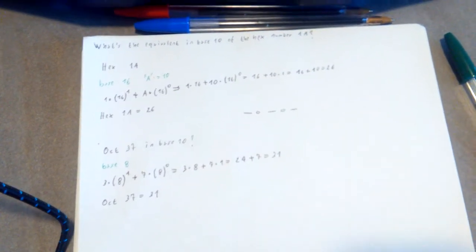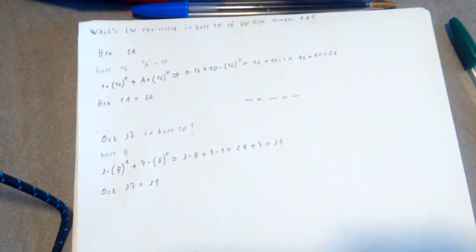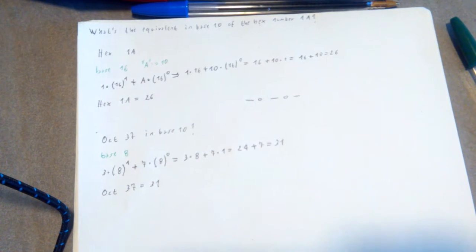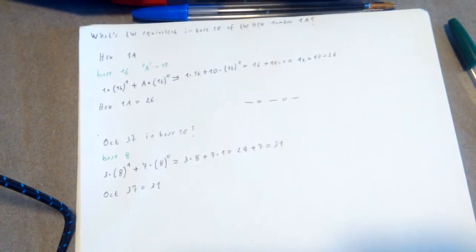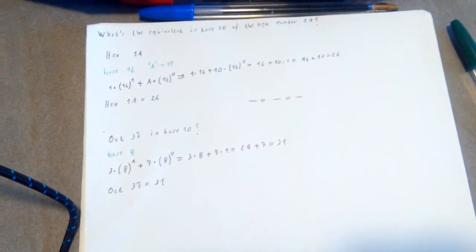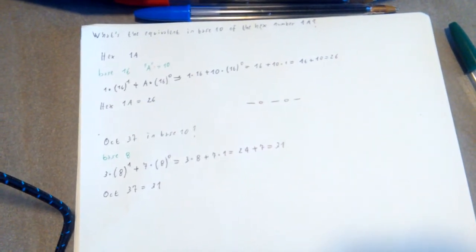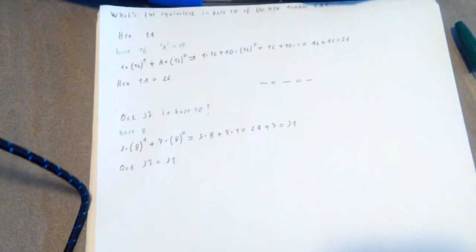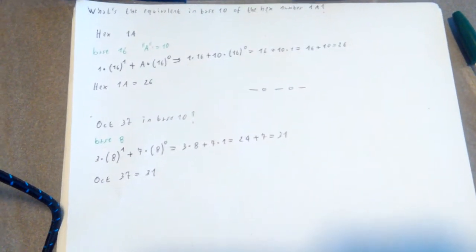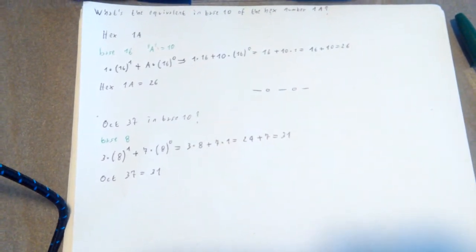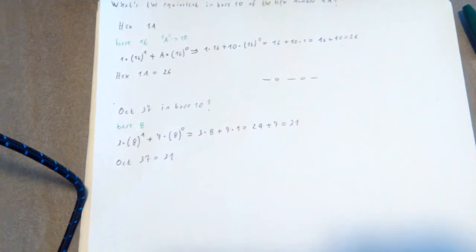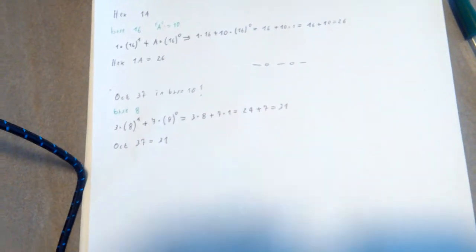The reason why I chose those two is that what I want to do now is to introduce the binary. So what do we do now? Well, first of all, let's count in binary.